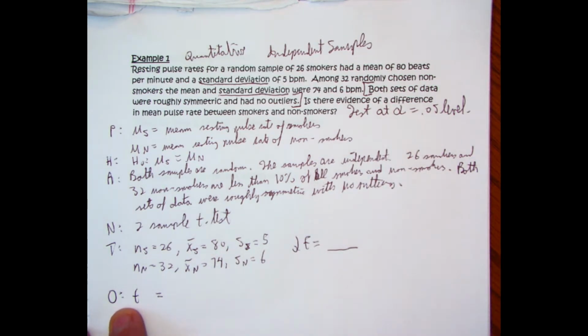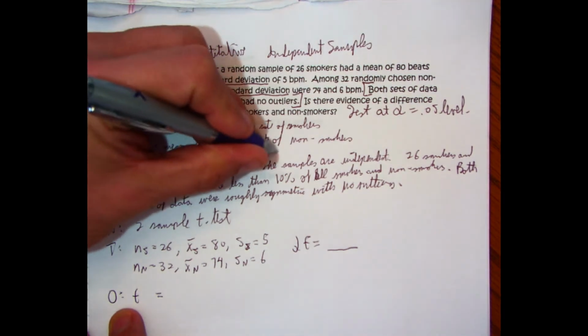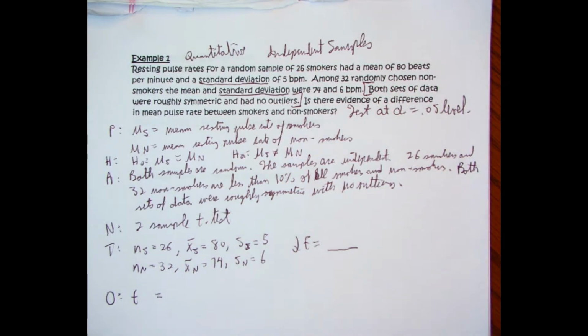A difference can be either way, so that makes life easy. The alternative hypothesis is that mu sub s does not equal mu sub n. They didn't ask us if the resting pulse rate of smokers is lower than that of non-smokers. They just want to see if there's a difference, so that's kind of nice.